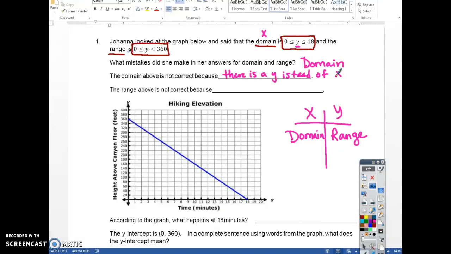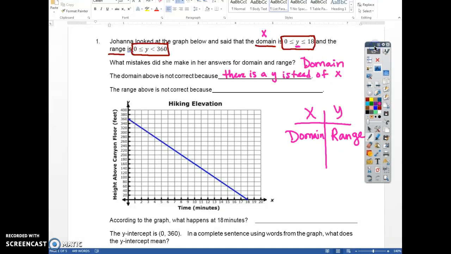What about the range? How did she mess up the range? Range is the Y, right? So it goes from the smallest number, which is 0, right here, all the way to the biggest number, which is 360. So from 0 to 360, that's what she wrote. So what's wrong with it? The signs.